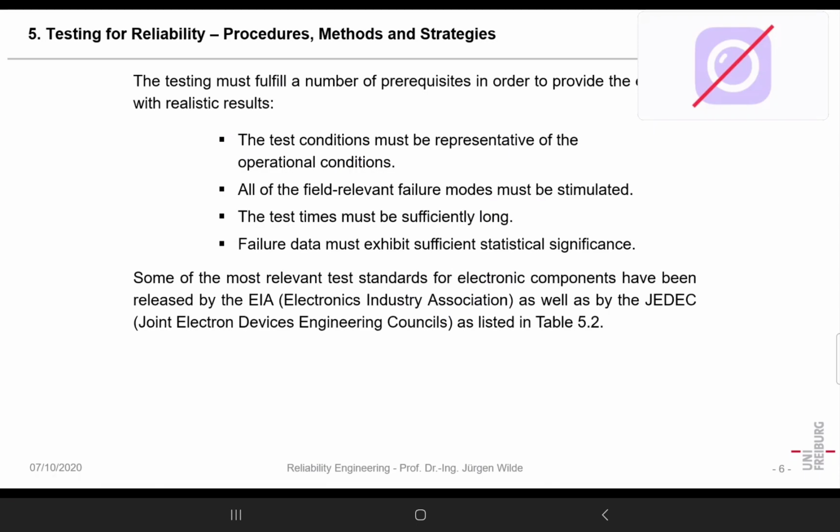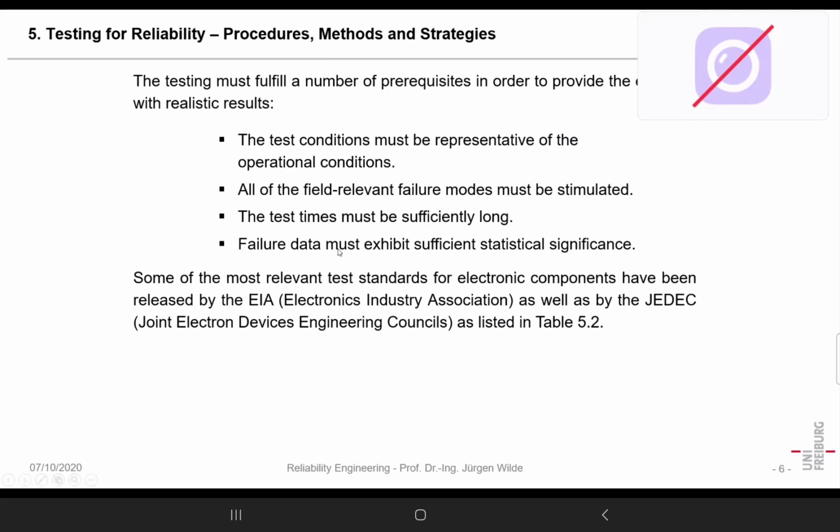And okay, now I already mentioned what testing must fulfill. It must be representative of the operational conditions. All of the field relevant failure modes must be stimulated. The test times must be sufficiently long, but they must not be too long, because normally we want to have the result maybe in a few months, not longer.